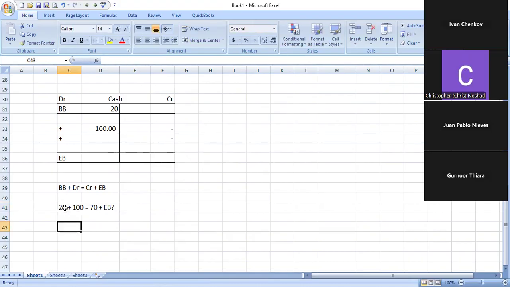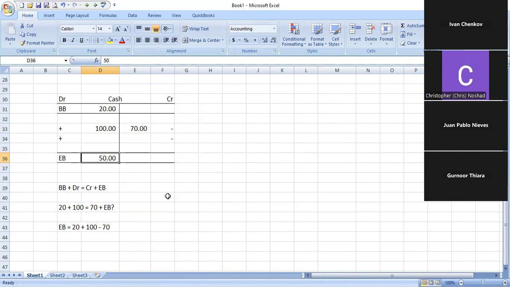If we have to express it, the ending balance is going to be equal to 20 plus 100 minus 70. And that's how we get that 50 that you told me. Is that how you did it? Is that the logic that you used in order to tell me 50?